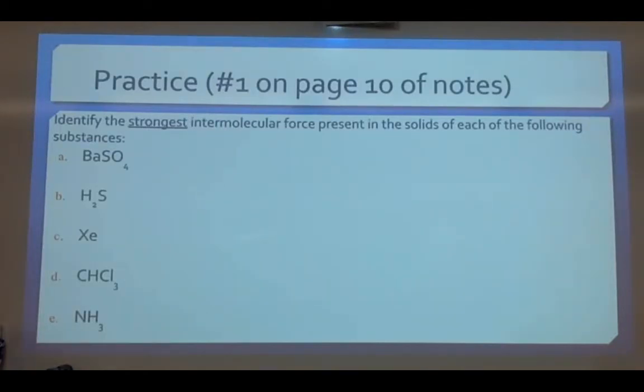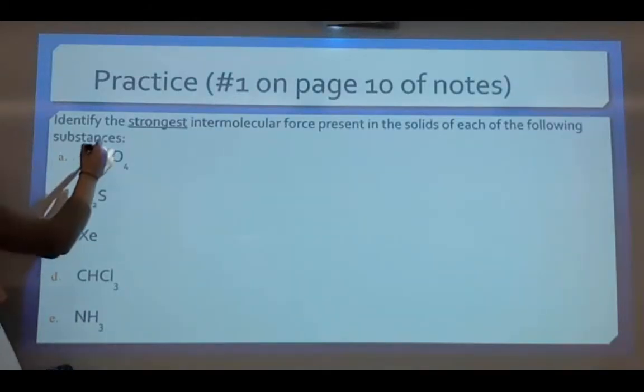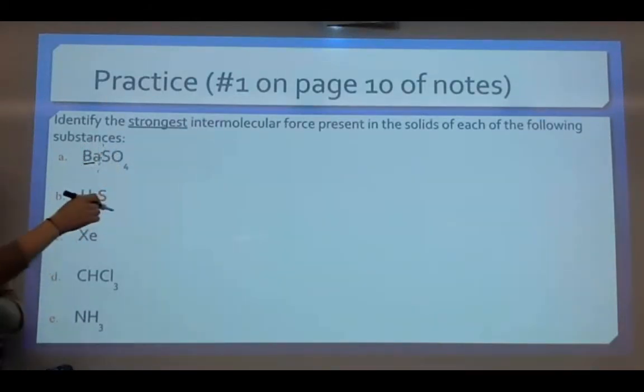So we're starting by looking at barium sulfate. This is one that we didn't actually talk about in the slides. What is barium, just in general? We have sulfate, which is a polyatomic ion. If you look on the periodic table, what side of the periodic table does barium fall on? It's a metal.